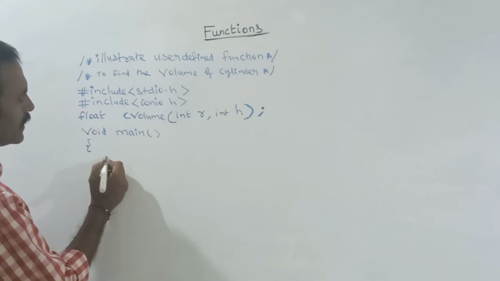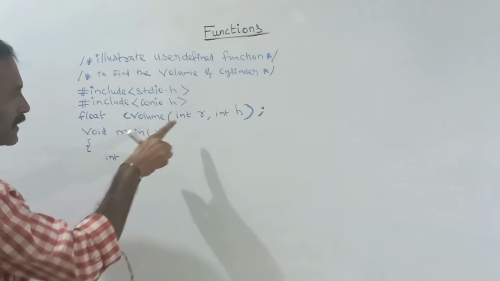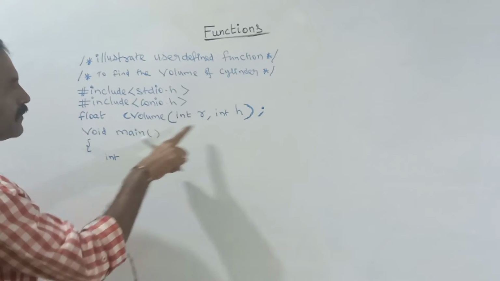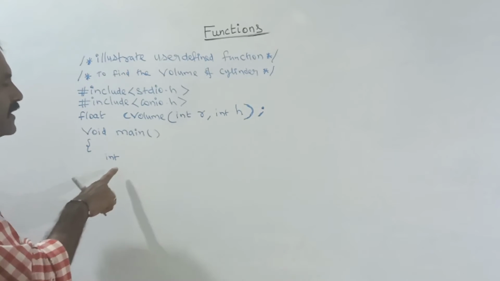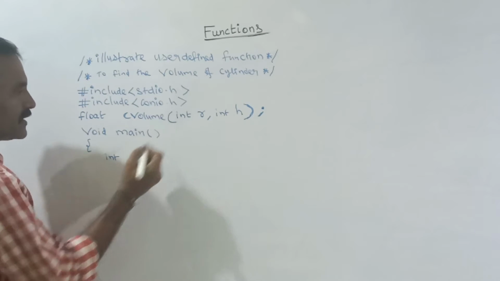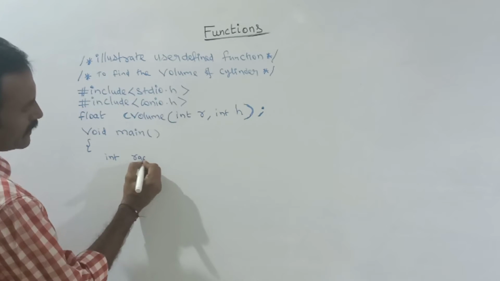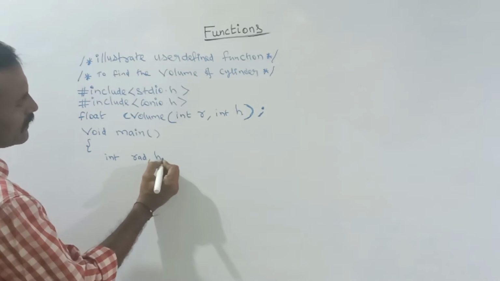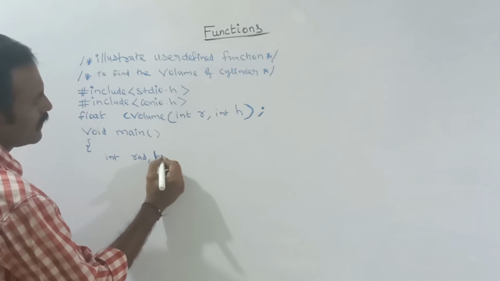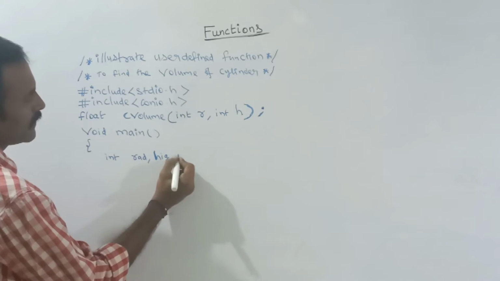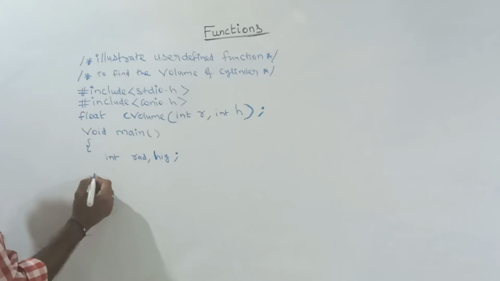So I am declaring integer variables because both the parameters I am going to pass are declared as integer. If it is float, we can declare it as float. As it is integer, I am declaring integer. For radius rad, for height hig. These are the two variables.